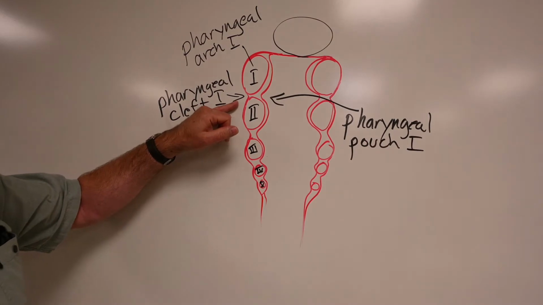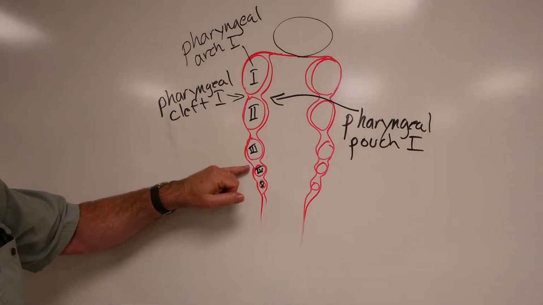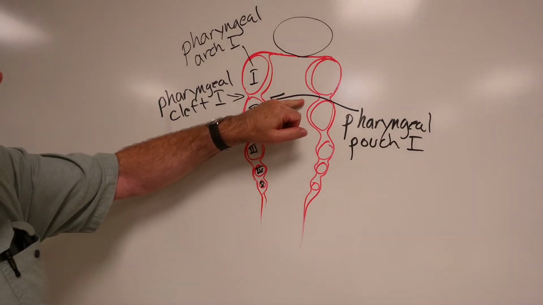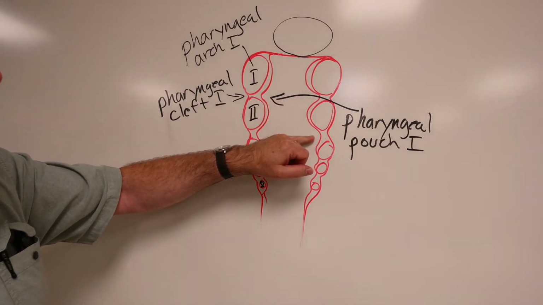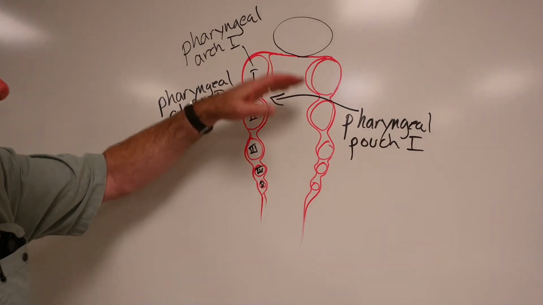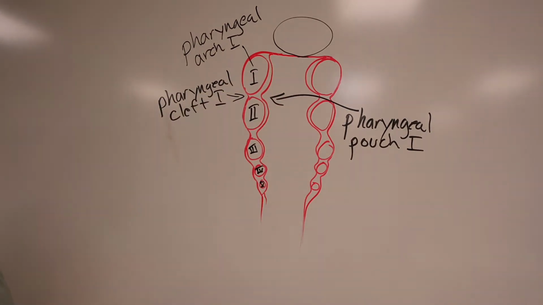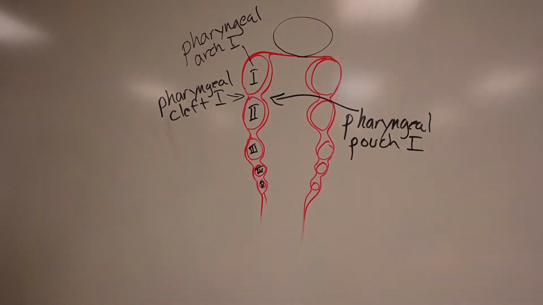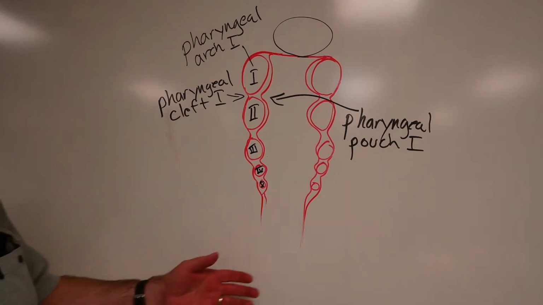So we have pharyngeal cleft 1, pharyngeal cleft 2, pharyngeal cleft 3, pharyngeal cleft 4. On the inside we'd have pharyngeal pouch 1, pharyngeal pouch 2, pharyngeal pouch 3, pharyngeal pouch 4. So we just have them in a sequence. There's a little bit of a fifth element in there as well, a fifth pouch. So anyway, that's how things are structured.